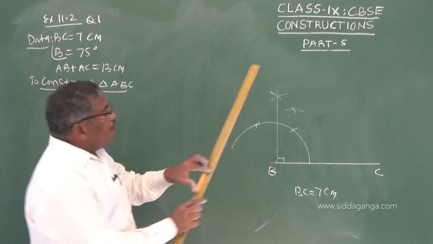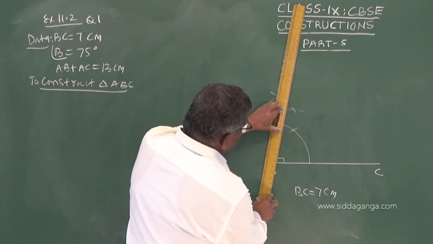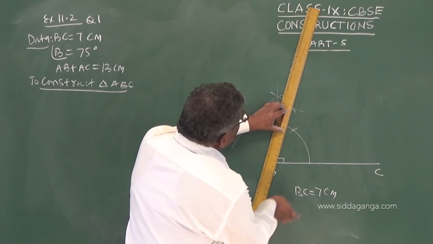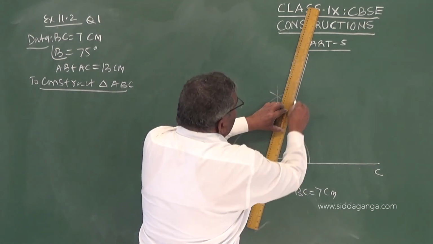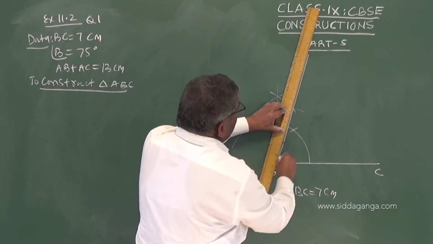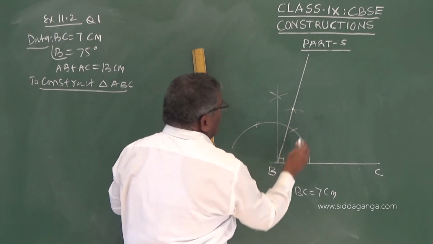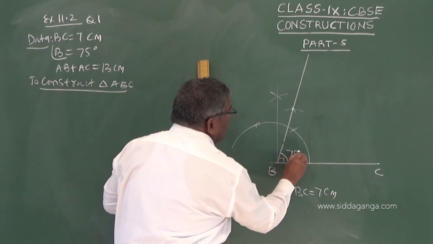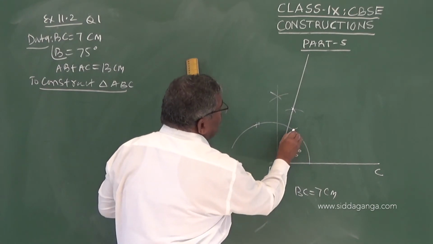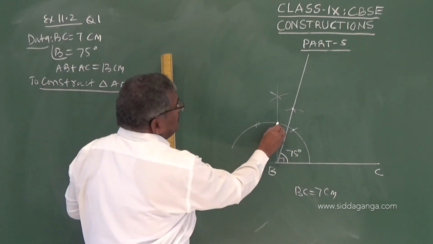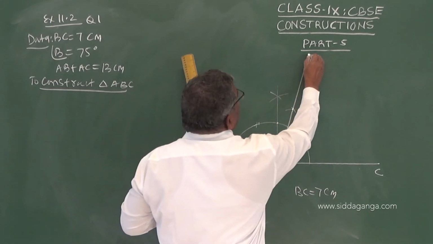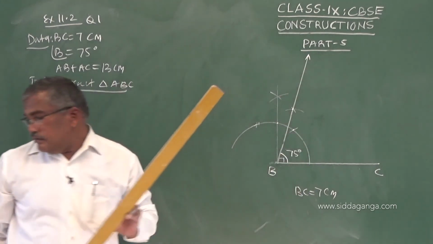Observe this carefully. We are constructing a 75 degree angle at B because 75 is given. Up to this it is 60 degree, this is 90 degree, and the middle one is the 75 degree angle.